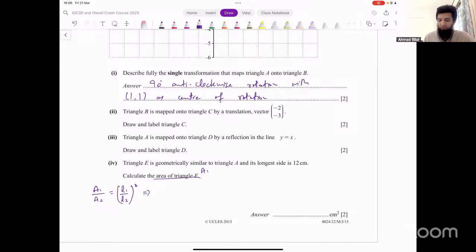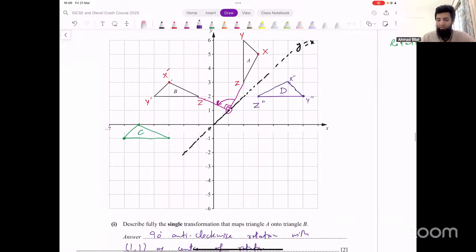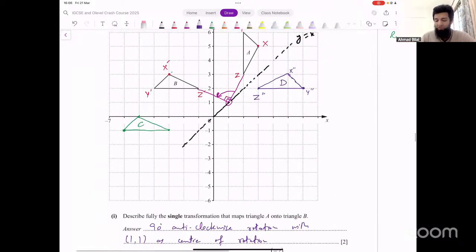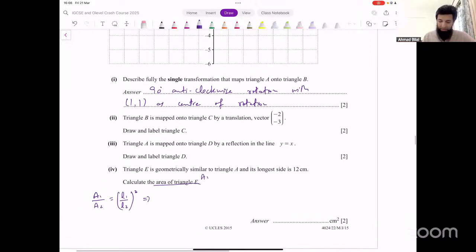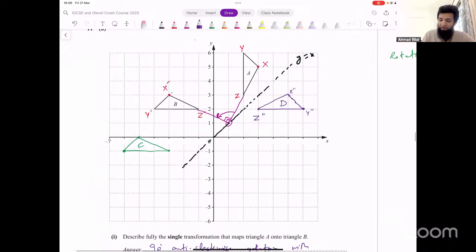All right. Now, there are two ways of thinking about this. You can either find the corresponding lengths, find the base and height of this triangle, find the area of this triangle, and then use that in the other one. Or you can find the height of the bigger triangle and then use the area formula. So let me explain what I mean by that. Let's first find the area of this given triangle. What's the area of triangle A? If we consider YZ as the base, height is going to be perpendicular to that.